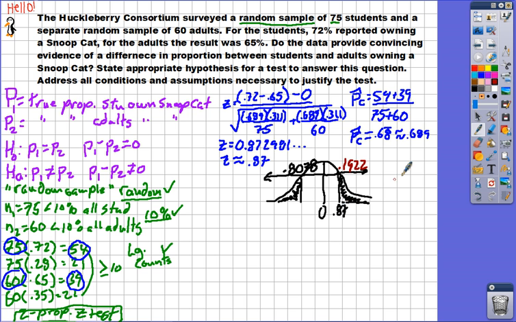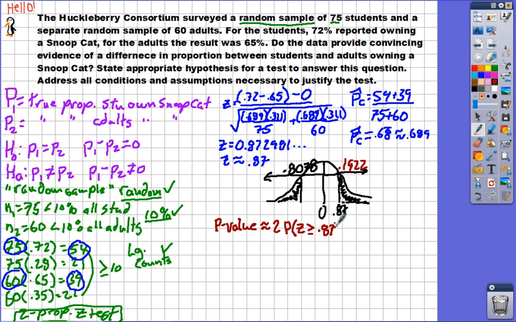So let's put this all together now. Using our table, our p-value, we got our z from our table there. Our p-value is going to be approximately equal to twice, because we've got both of these sides here, twice the probability that z is greater than or equal to 0.87.